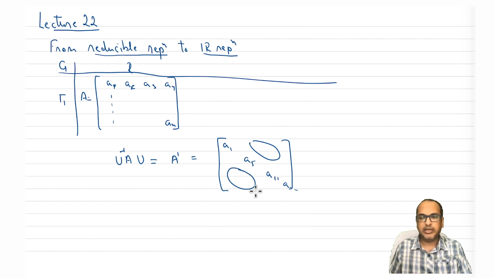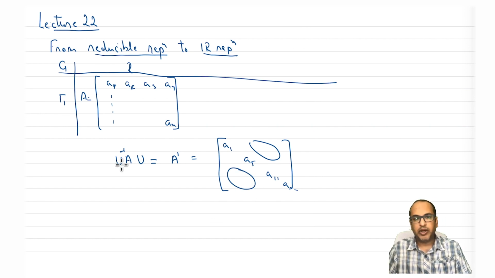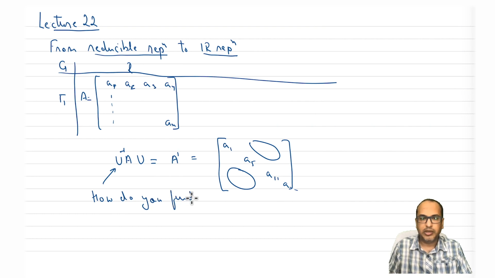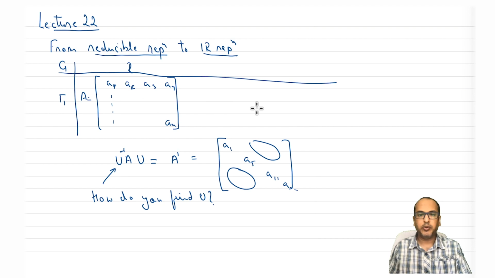These are called diagonalized matrices, which you can obtain by doing a similarity transformation on A. But the important point is, how do you find U and U inverse, which will give you a diagonalized matrix? This is not a trivial thing. So how do you find this out?